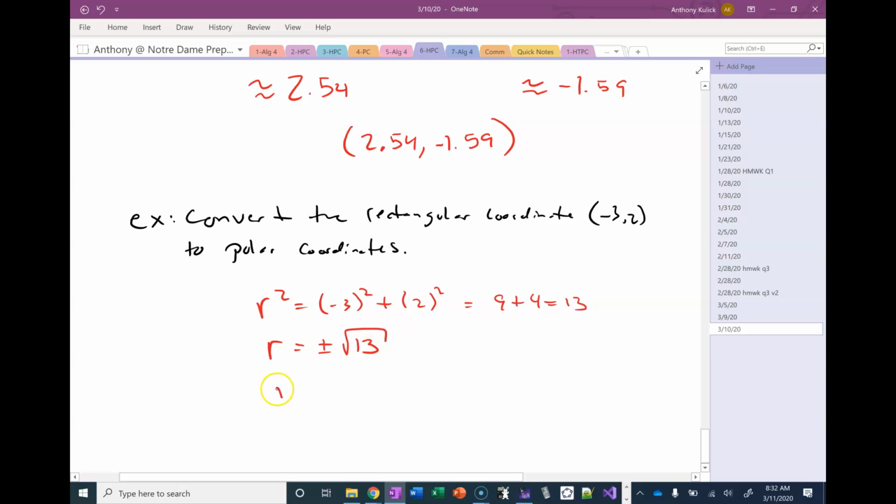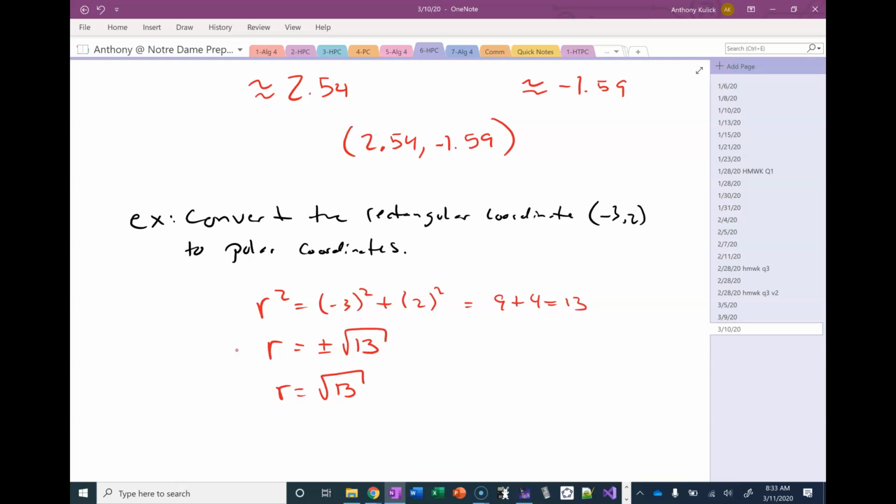My suggestion to you is to always choose to use the positive one. Remember, if you're describing a point in the polar system, the R could be positive or negative, and you can still get to the same location. So it's usually just easier to think about the R being positive and not have to worry about flipping things.